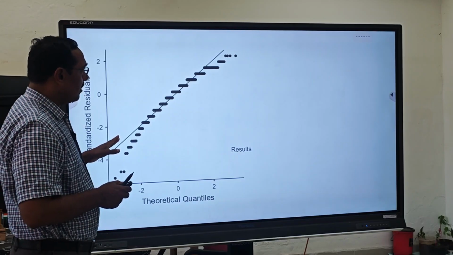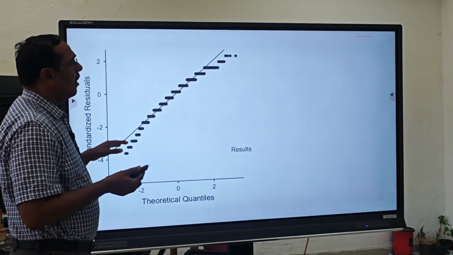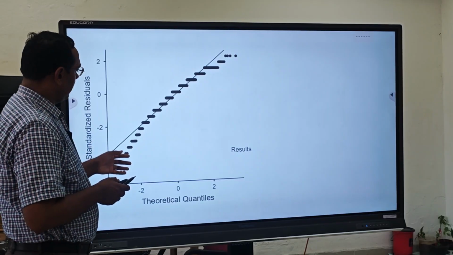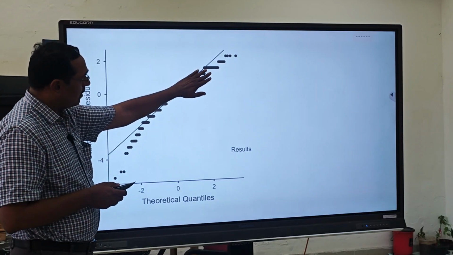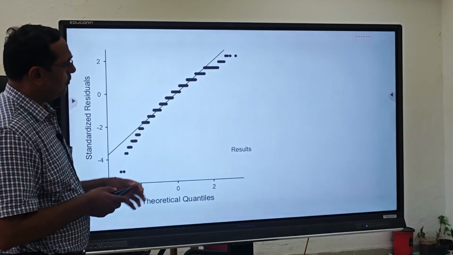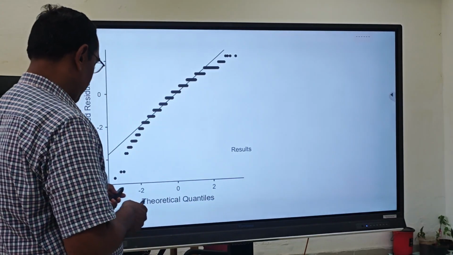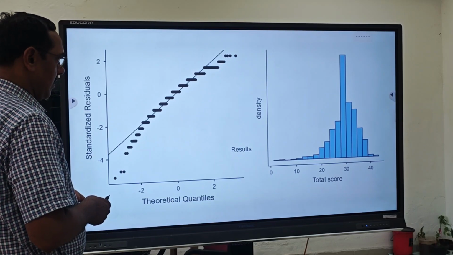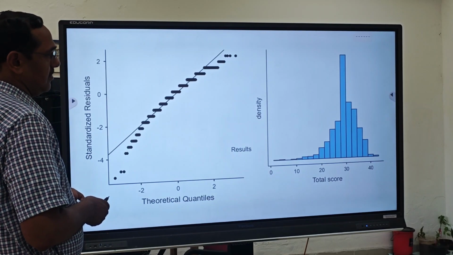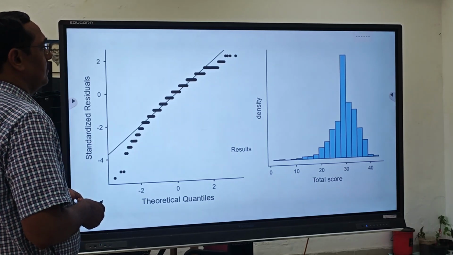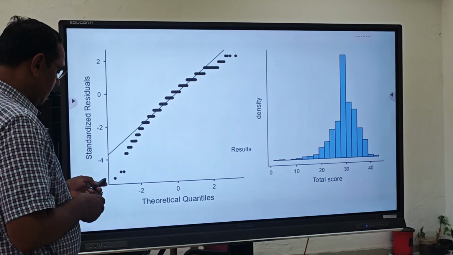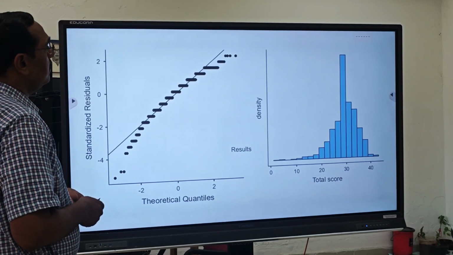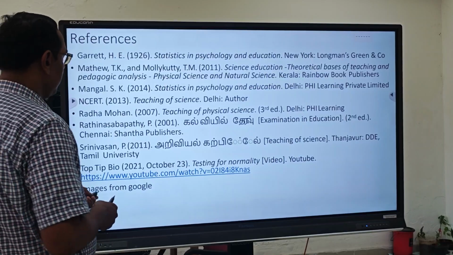If it is going like an S or bending, this is not a normal probability curve, because at this end and that end it goes away from the diagonal, therefore this does not follow. And you can see the histogram. We have left side skewness, negative skewness. So this is the original data. We will check it with Jamovi. So these are my references.